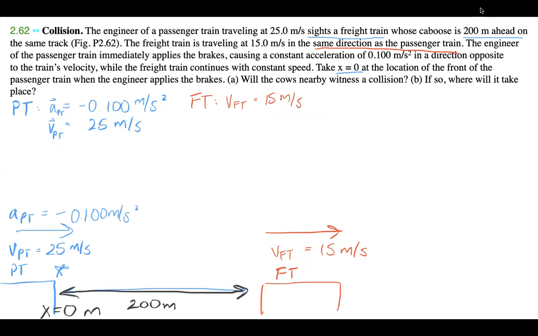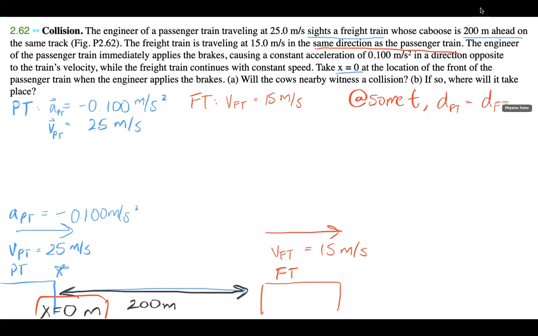Let's think about this question. If a collision is to happen, that means both the freight train and the passenger train are going to be at the same location, the same x location at the same time. So at some t, the position of the passenger train is going to be equal to the position of the freight train.